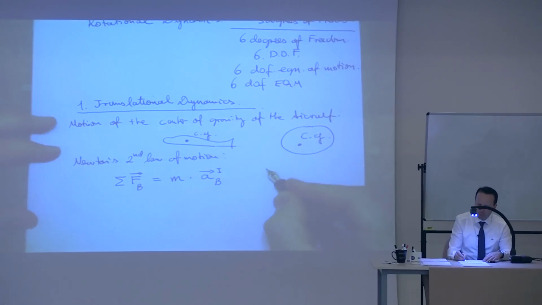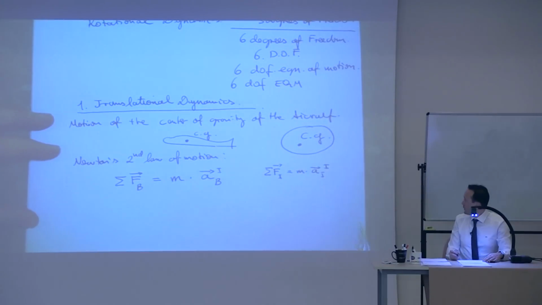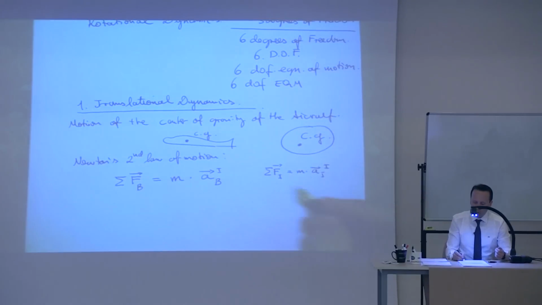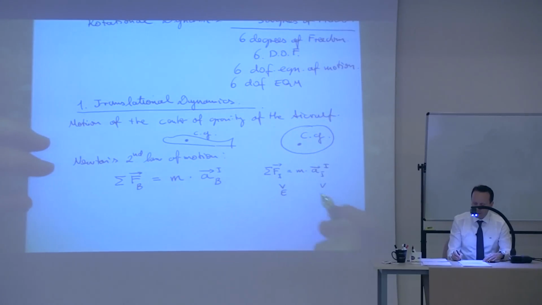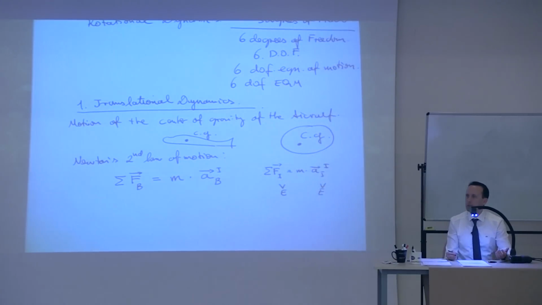We could have done this obviously also in the inertial fixed coordinate system, or in the vehicle carried coordinate system, or in the earth fixed coordinate system. It doesn't matter. You can write this in any coordinate system that you want.